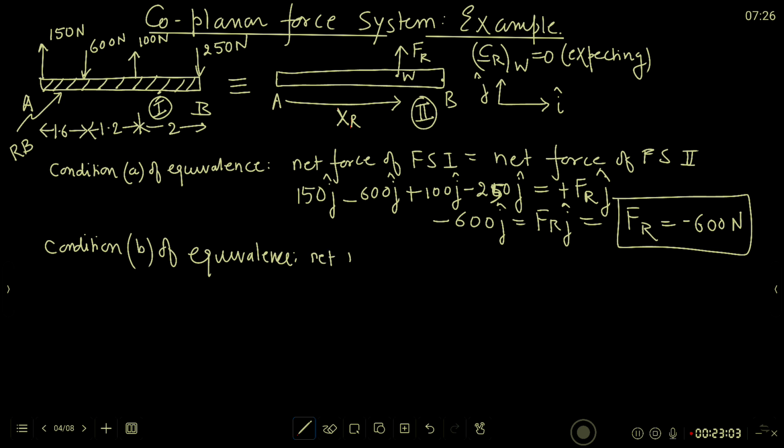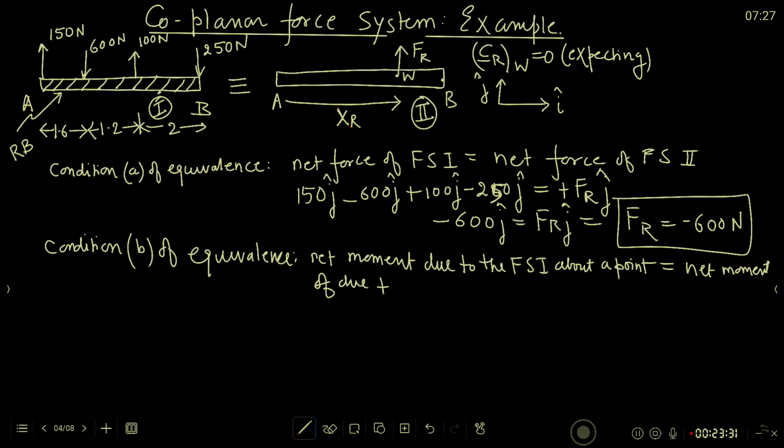Net moment due to FS1 about a point, that should be net moment of, due to FS2 about the same point.